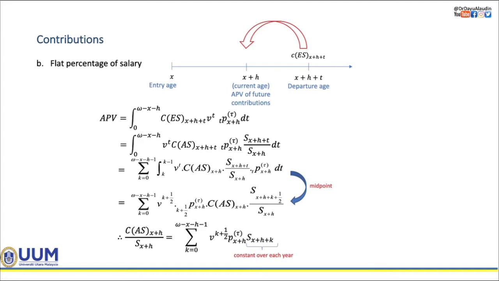So the C is not a flat rate. Same as the flat rate, this is for past service and this is for future service. So the current age is x plus h. Still we use the midpoint rule, and finally we get the APV for flat percentage of salary equal to this one, where this one is constant over each year.